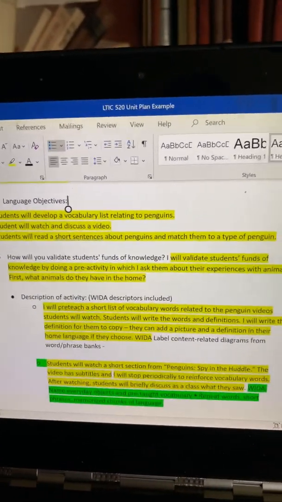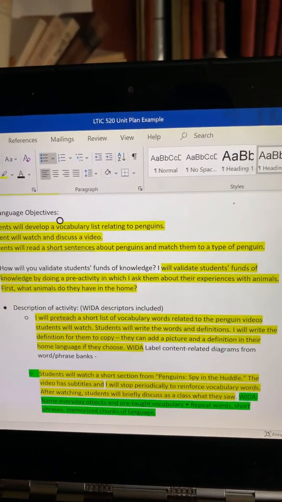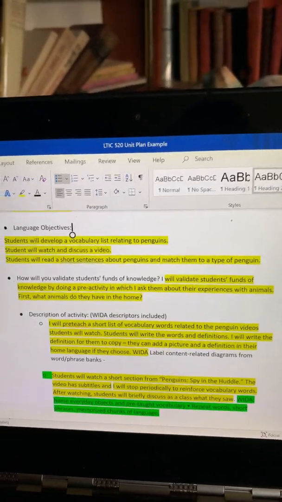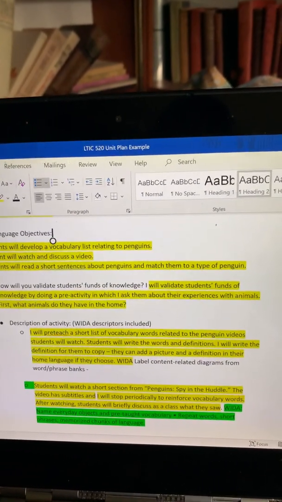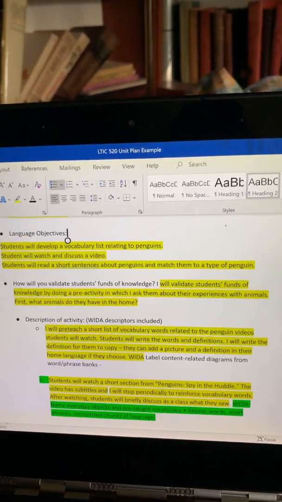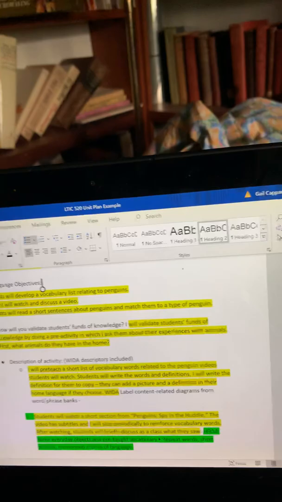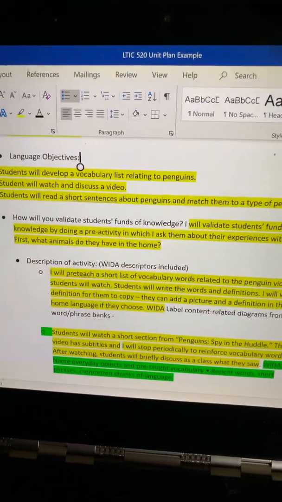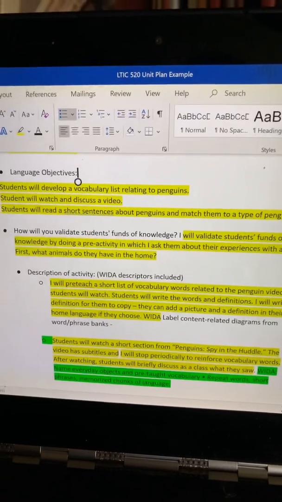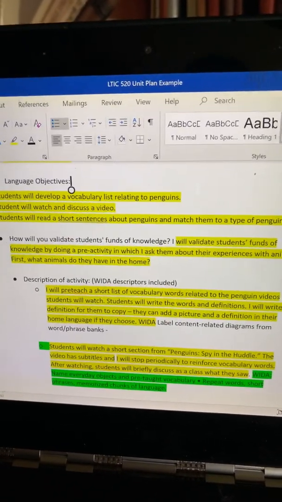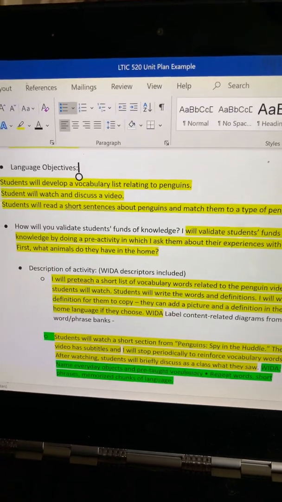Instead of starting, actually after the pre-assessment about penguins, I just asked them about animals in general, what animals they might have ever had in their home or in their community. Many of my students come from rural areas. They've had horses or dogs, or they've hunted animals, they've raised animals. If they've lived in a city, they may have had pets or know people that have pets. This allows them to talk or write about some familiar topics.